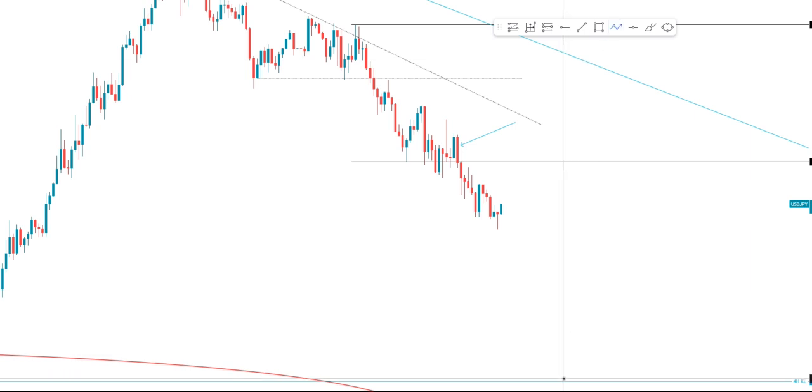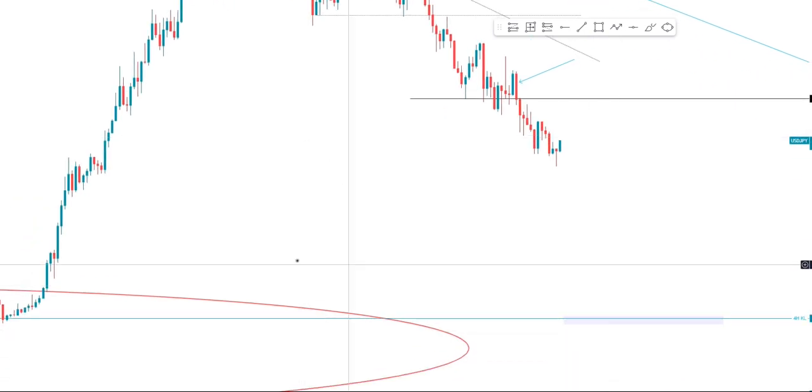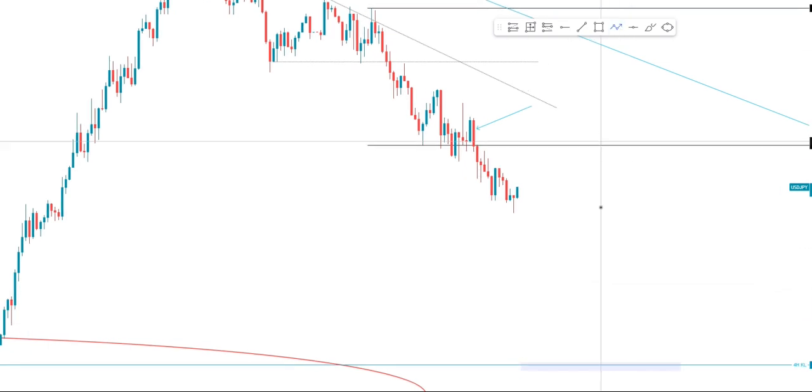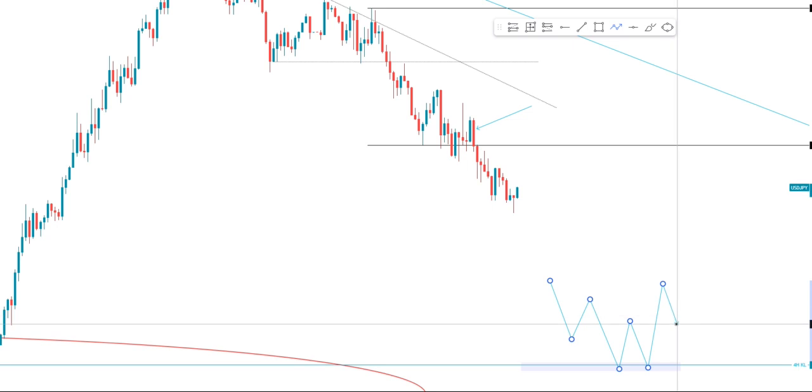Let's wait for the price around 151.014, around here. When the price comes to this area, I want to see something like this. A break.